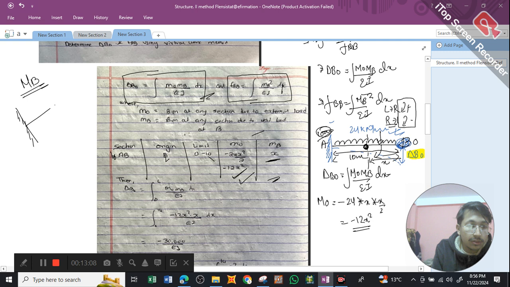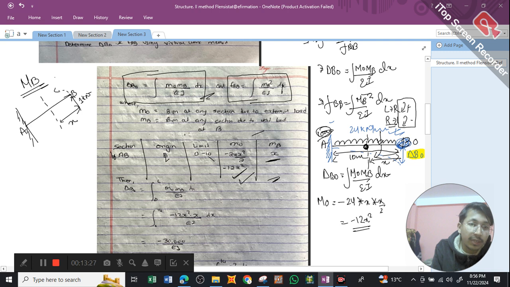Here we go. This is our A and here is our B. We need to find the bending moment at distance x from origin B. So we have a unit load of 1 kilonewton acting upward. This will try to turn our beam in this direction, which is anti-clockwise direction.